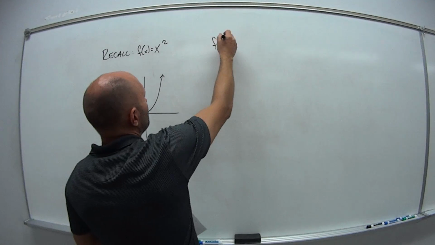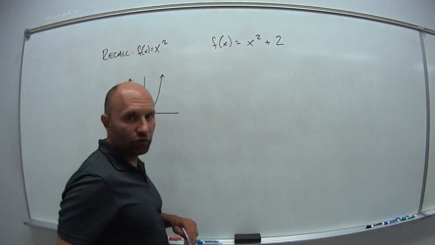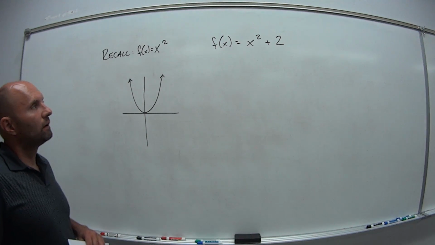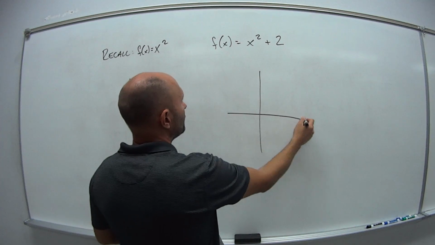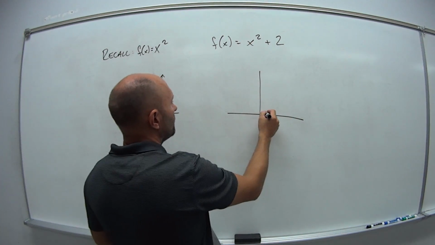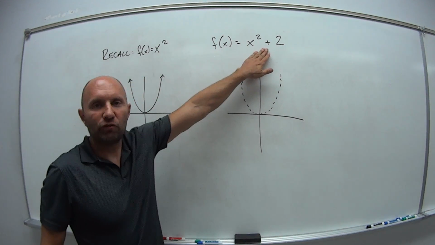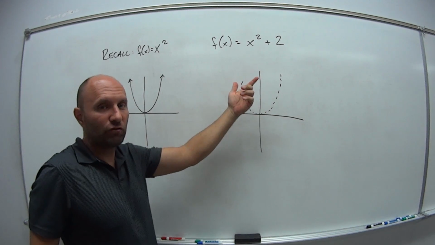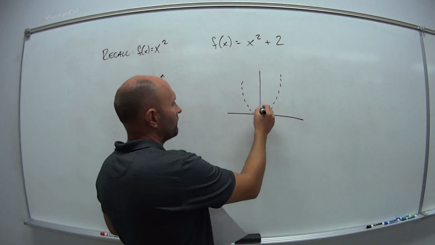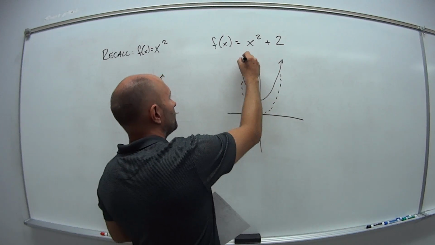But what if my function was x squared plus 2? So our shortcut for these transformations was what? Well, we're still dealing with the x squared graph, but this plus 2 is telling us it's a vertical shift, and because it's plus 2, it means we're moving the entire graph up 2 units.